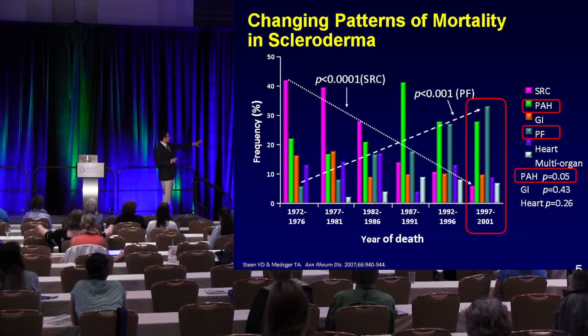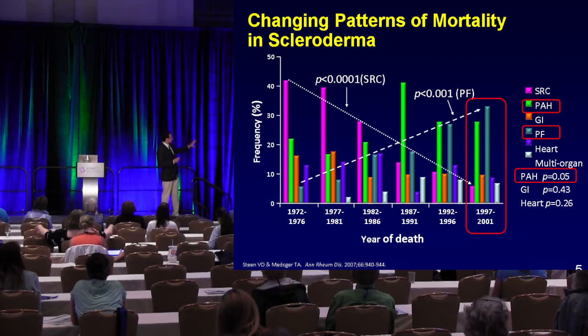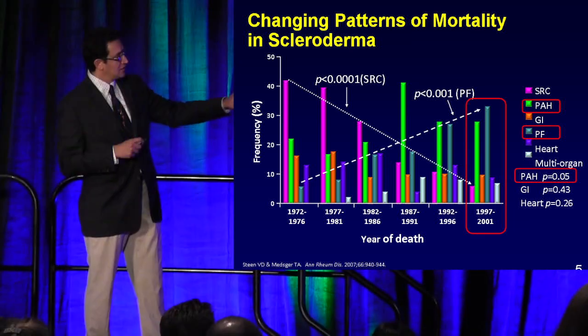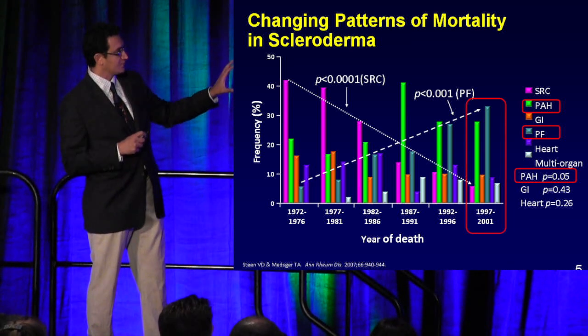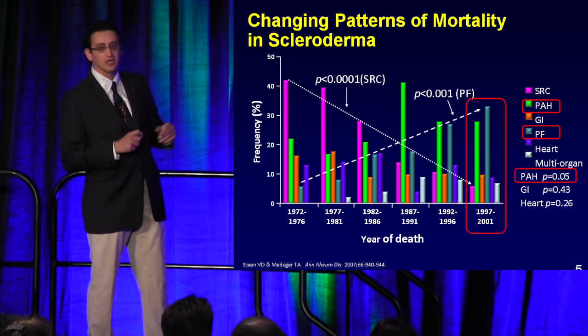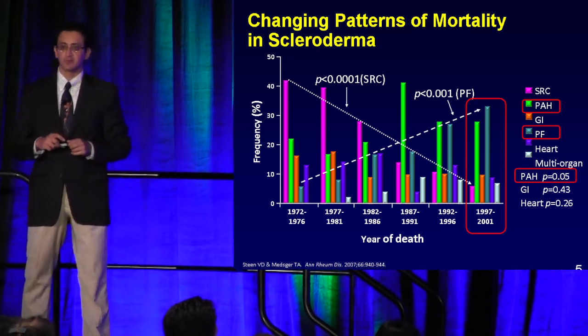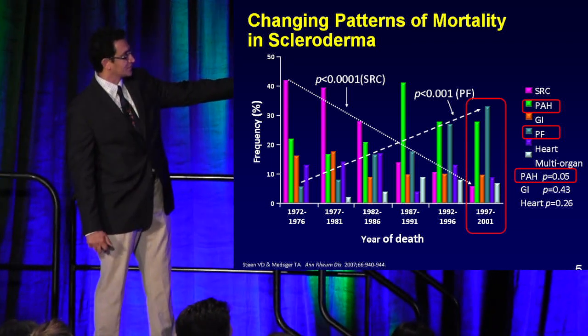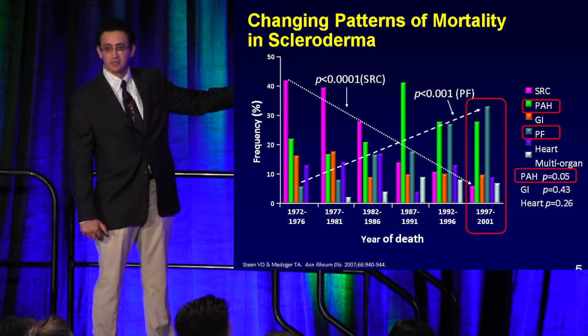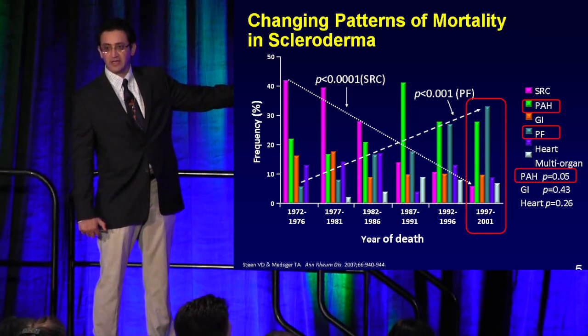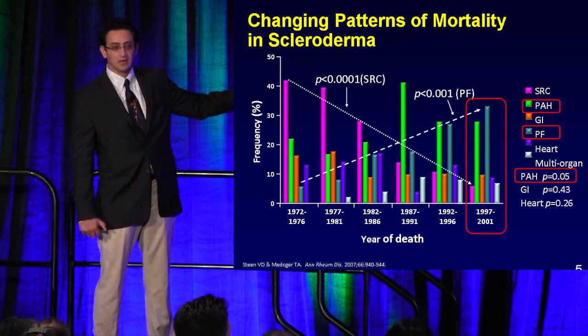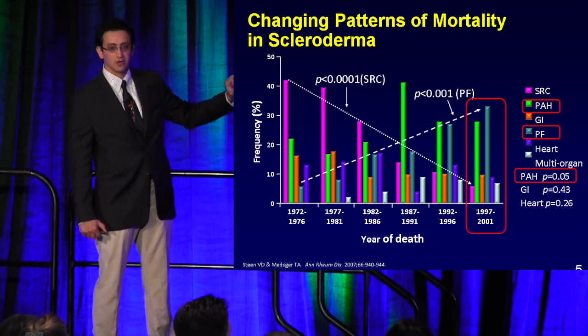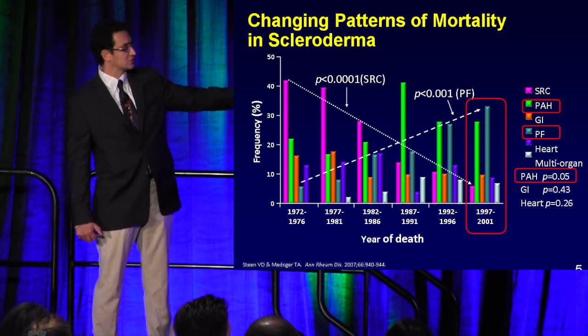When you look at this slide, it is from Dr. Steen and Dr. Medsger from the University of Pittsburgh database. What you're seeing is the survival from the 1970s to 2001. In the 1970s, the number one cause of death was scleroderma renal crisis, or SRC. We found out in the 1970s that if you give ACE inhibitors such as lisinopril or Zestril, it can really improve the survival.